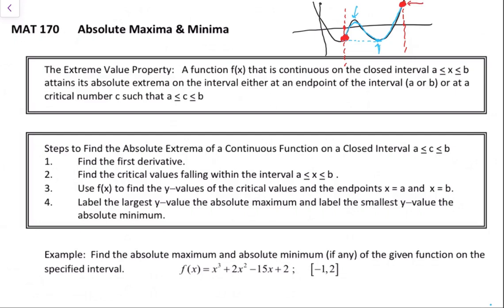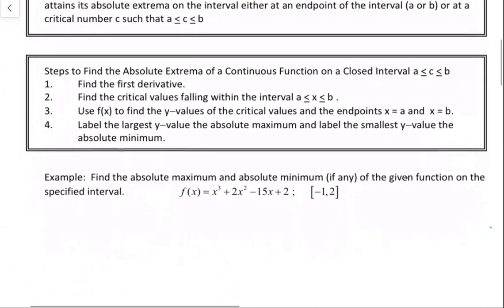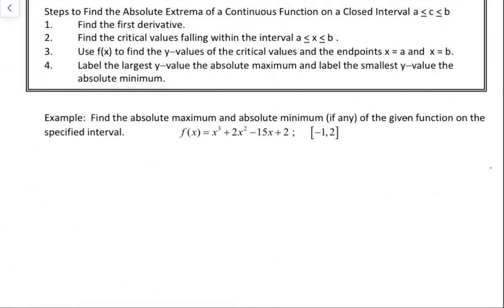So let's take a look at the steps for determining this without having to sketch the curve. What we want to do is first find those critical values that lie in that interval. So that would involve finding the first derivative, finding those critical values, so setting the first derivative equal to 0 and solving for x.